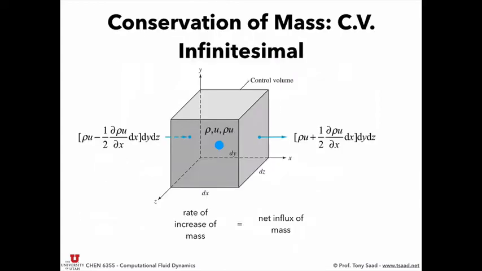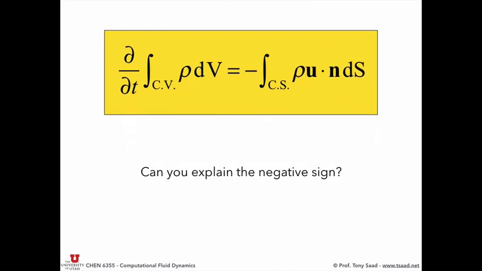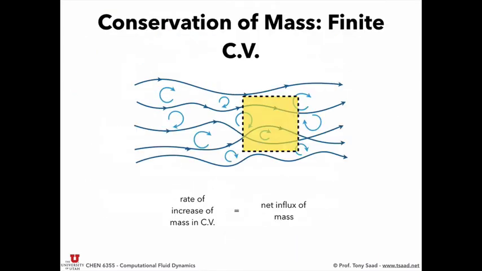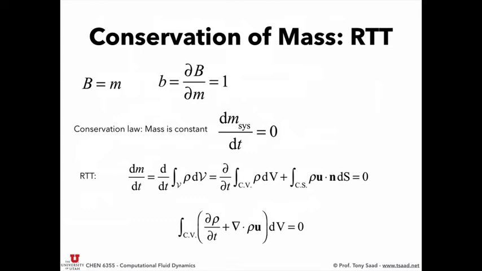If you go back, this is the integral of rho dv, or d rho dt if you bring in the derivative inside. This guy is nothing more than the integral of div rho u. And same thing for this other form, integral of d rho dt plus div rho u. They're all really the same.